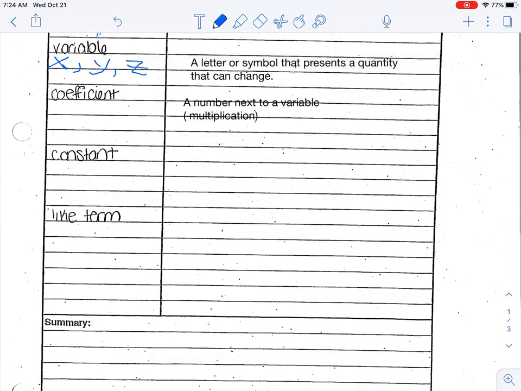An example would be, for instance, if we had 2x or 1/2 y. The coefficients would be the 2 and the 1/2.